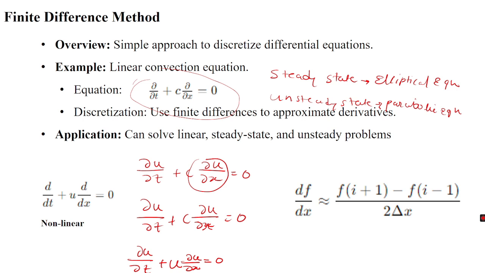Now u is being transported at the speed of u, which is an unknown quantity that must be determined through the solution process. The key difference here is that c is a constant, but u is not. So u is being transported at the speed of u, but u is unknown.